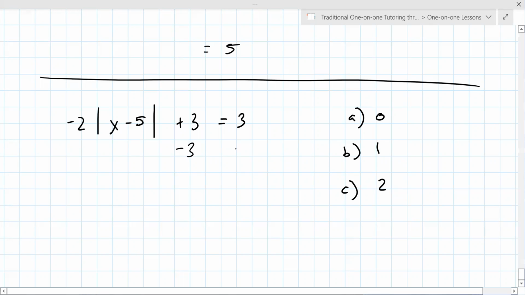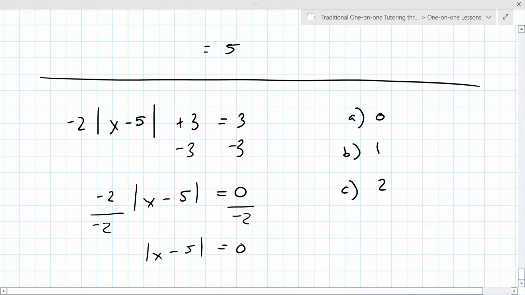So notice that if you subtract 3 from both sides, you get 0 on the right. And when you divide by -2, you keep the 0. And that means you have one solution.